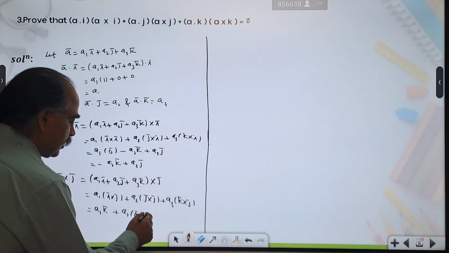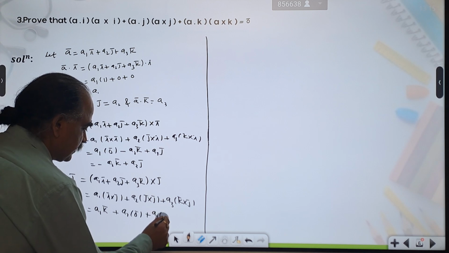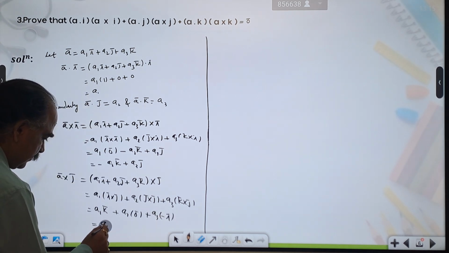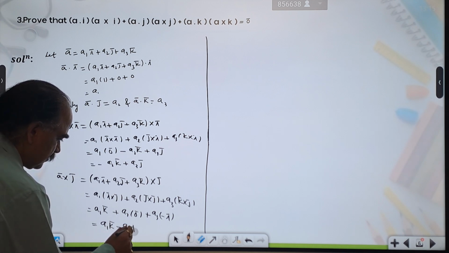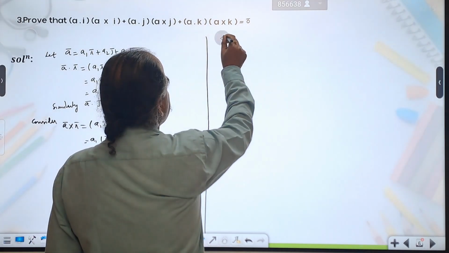And k cross j is what? Minus i bar. So finally we are getting A1 k minus A3 i bar.